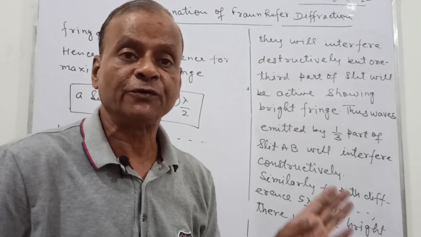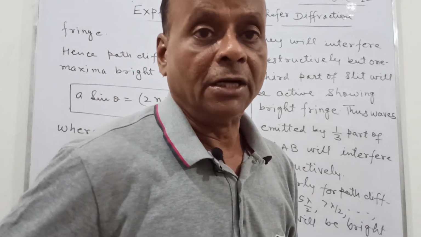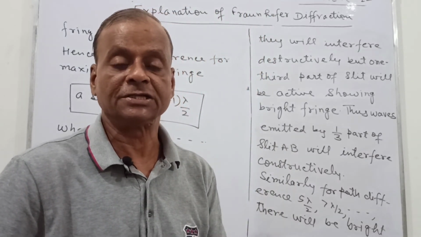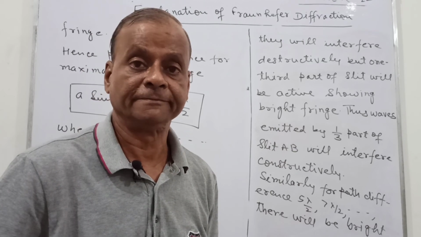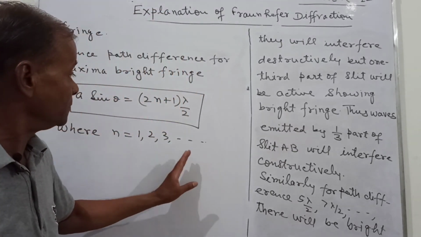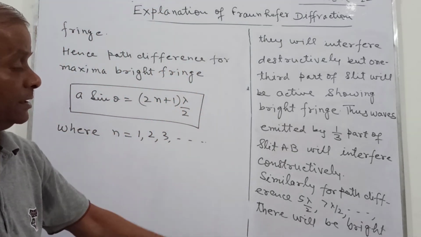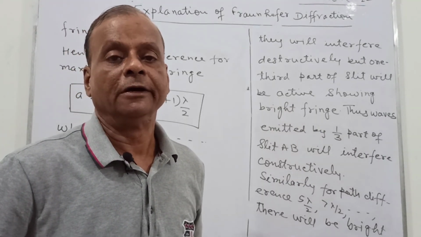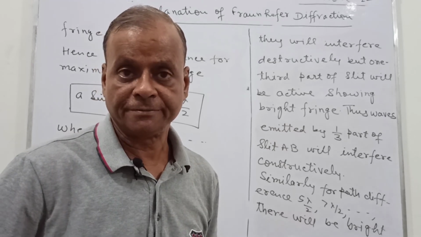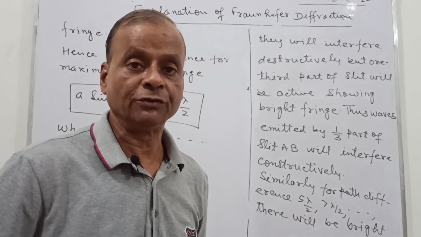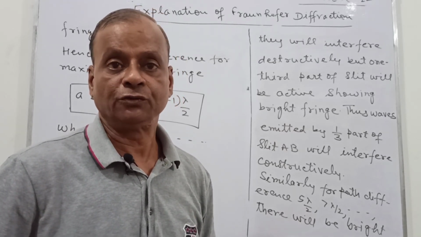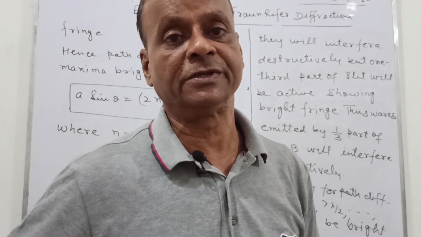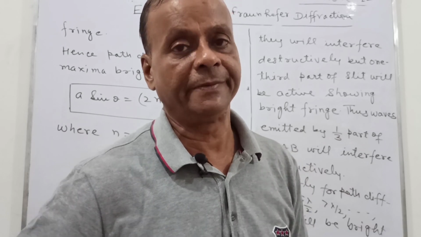So the conditions for maximum and minimum in diffraction of light are just reversed compared to interference. On the basis of this, we can explain the diffraction pattern due to the Fraunhofer class, and as I told you, it can be explained on the basis of the Huygens theory of secondary wavelets.